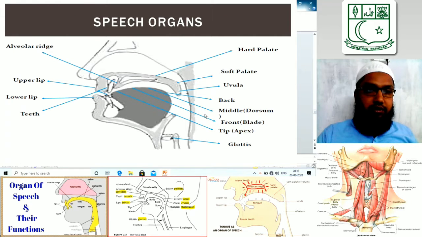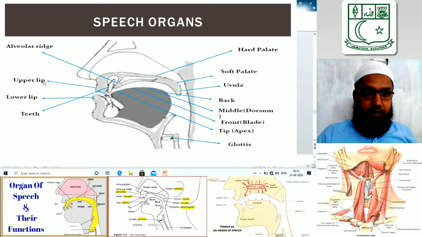Now let us see the structure of speech organs. Here alveolar ridge. Alveolar ridge is situated just above the front part of the tongue. Just above the upper teeth you can see alveolar ridge.